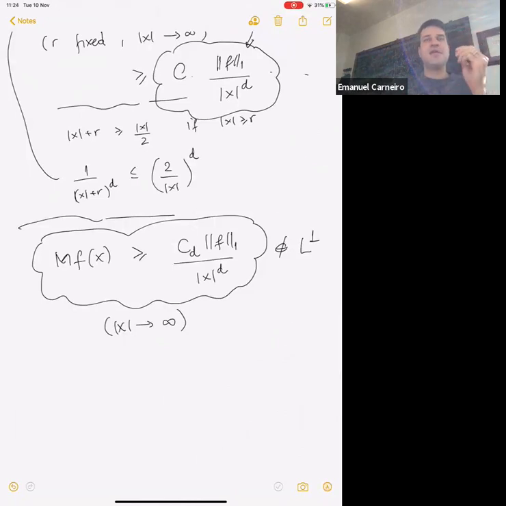We have seen that in dimension d, the function 1 over |x| to the d is not integrable. So any function that is bigger or equal than this cannot be integrable, because 1 over |x| to the d does not integrate at infinity. So you started with a function in L1, you construct this maximal function, which is supposed to be something that lies above your function.